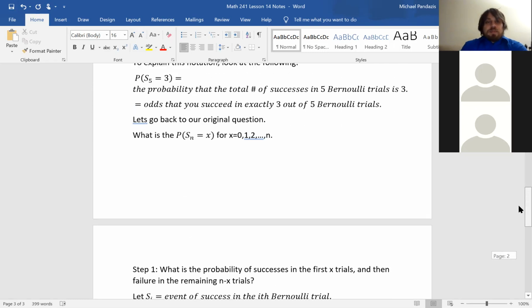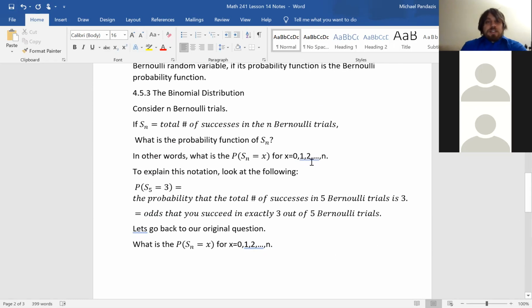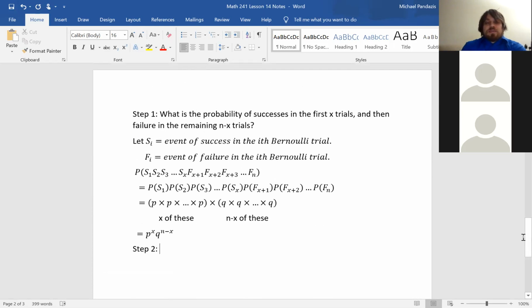Remember the original question is, what is the probability of S of n equals X for each of these values? The probability of exactly X successes. You have one instance of exactly X successes and N minus X failures, but this is only one ordering of those trials.